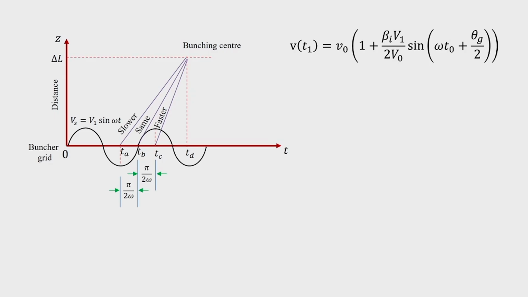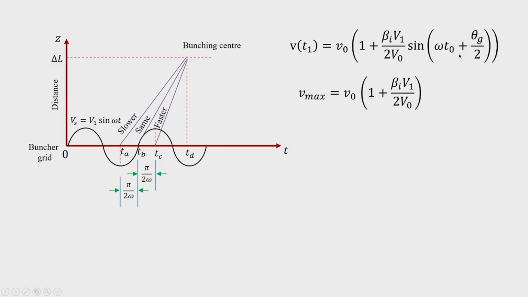Now, we have seen that V t1 is equal to V naught into 1 plus beta I V1 by 2 V naught sin omega t naught plus theta g by 2. Therefore, the maximum velocity that an electron can attain is when sin omega t plus theta g by 2 becomes 1, and therefore, V max has been denoted as V naught into 1 plus beta I V1 by 2 V naught.